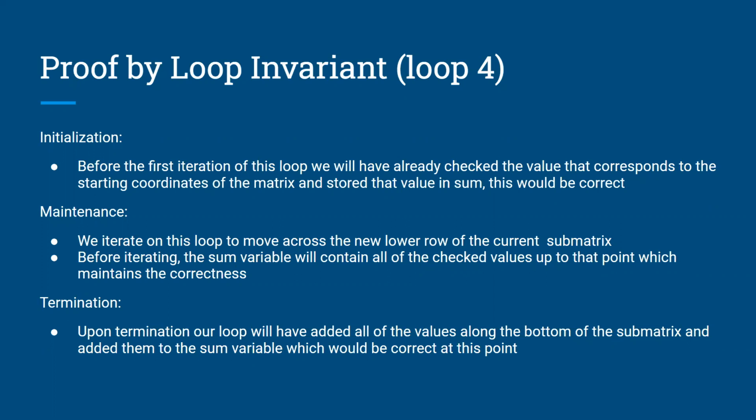Now, as we iterate on this loop, to move across the new lower row of the current submatrix, and before iterating, the sum variable will contain all of the checked values up to that point, which maintains the correctness.